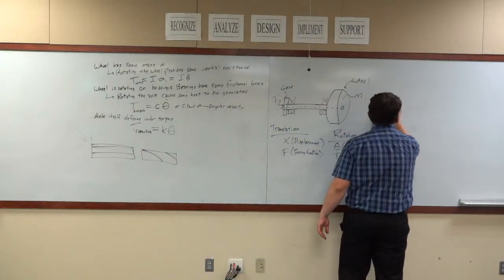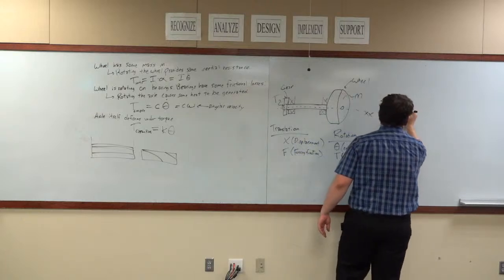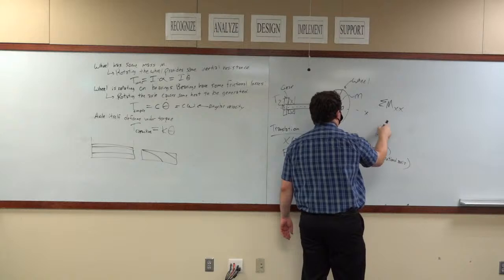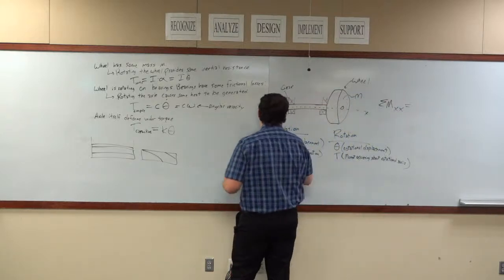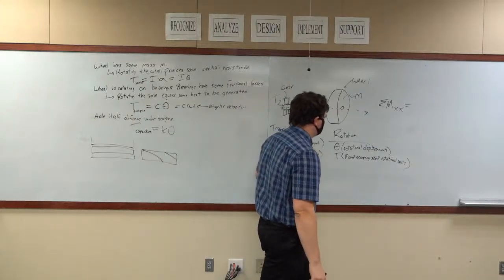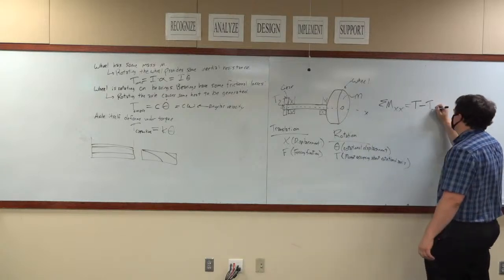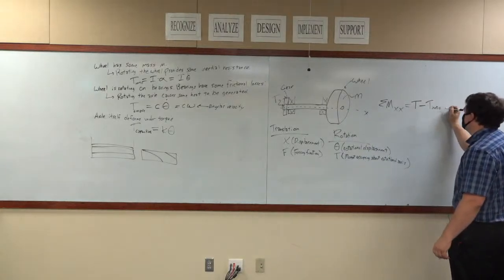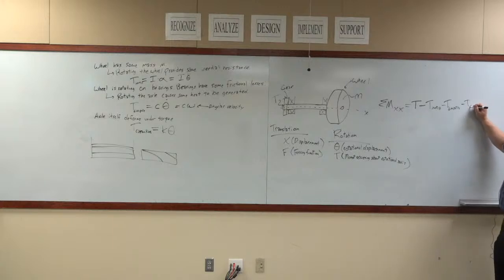When we do the sum of the moments about, let's say this is maybe the x-axis, this is equal to the applied torque minus your inertial torque minus your dissipative torque minus your capacitive torque. And that's equal to 0.